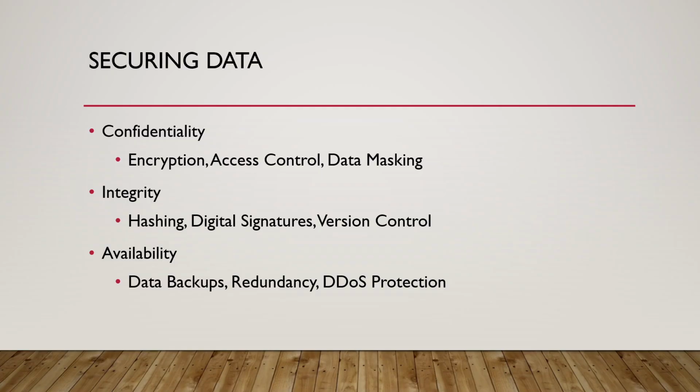Because you will have hardware and network failures. Building redundancy into these systems helps us keep availability for our users. And then finally, do we have distributed denial of service mitigation strategies to make sure that, even during high traffic attacks, we are still able to keep it available to the authorized users?